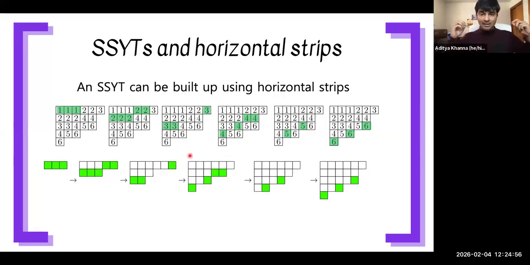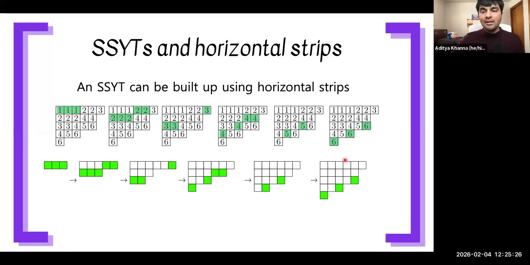And this is a very important point: almost all the time, tableaux are recording how a given diagram is constructed. The ones tell you to do something in step one, the twos tell you to add these cells in step two, the threes tell you to add these cells in step three, and so on. So by adding these cells, horizontal strips, step by step, I am constructing my final diagram.